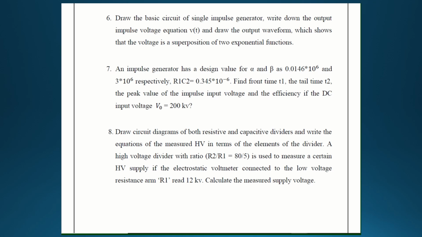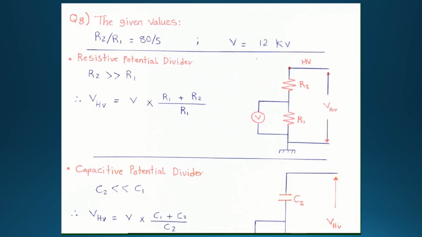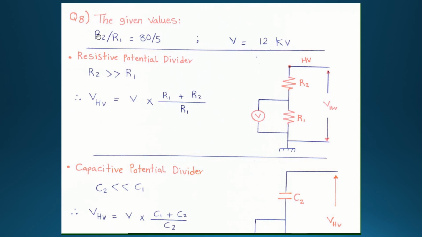The given values: R2 divided by R1 is equal to 80 divided by 5, and the voltage is 12 kilovolt. In the resistive potential divider, R2 will always be greater than R1. Why? Because R1 is connected with the low voltage and R2 is connected with the high voltage.